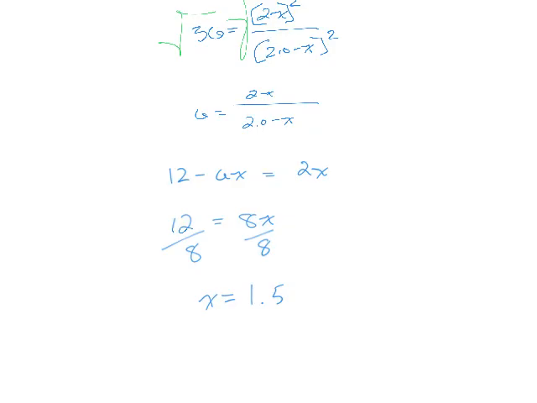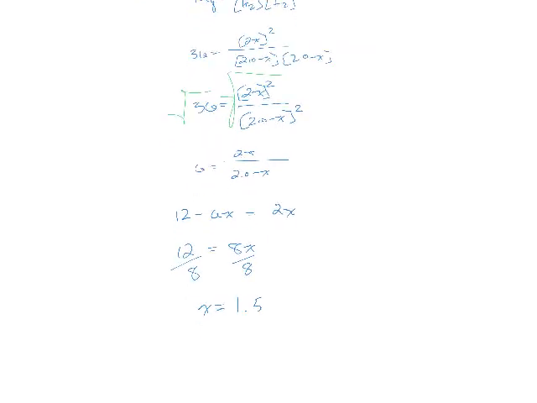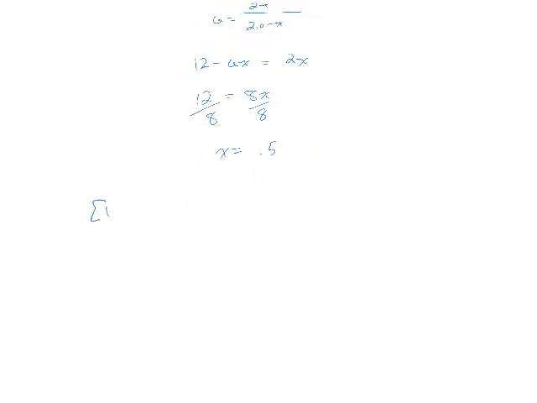So if we take this number and go all the way back up to our equation, remember, the concentration of hydrogen is 2 minus x. So at equilibrium, hydrogen should have a concentration of half a mole. Iodine was the same, 2 minus x.